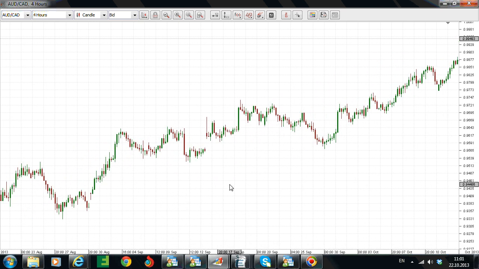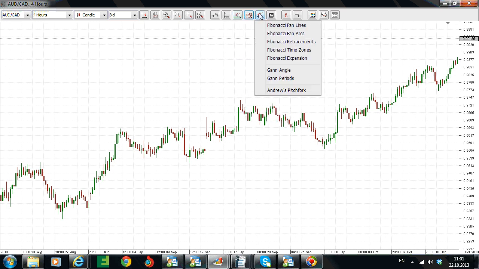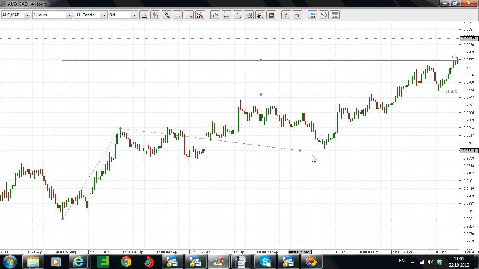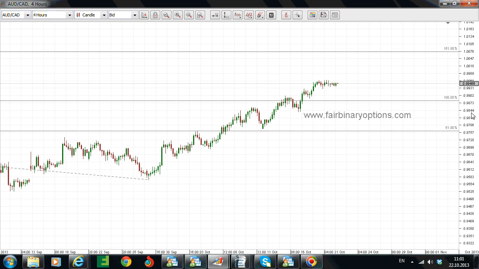Now 161.8 extension means out of this wave, so from the lows here to the highs here and to here, and as you can see, if you go there and look at the 161.8, the target is something like 100.68, or even lower, almost 101.